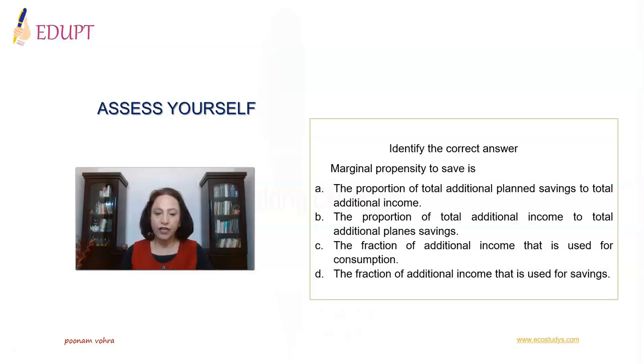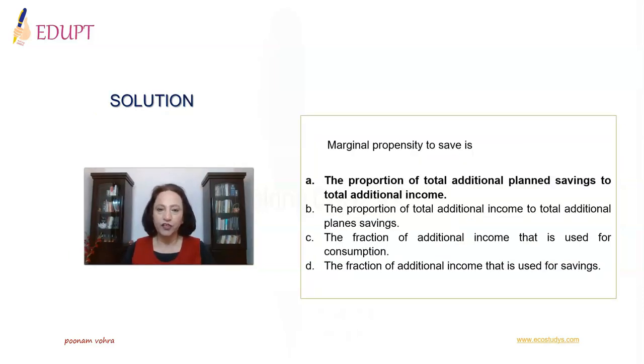C. The fraction of additional income that is used for consumption. D. The fraction of additional income that is used for savings. Please check your answer. The correct answer is option A. Marginal propensity to save is the proportion of total additional planned savings to total additional income.